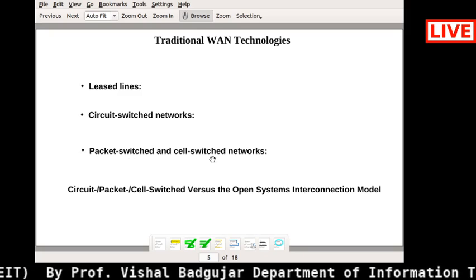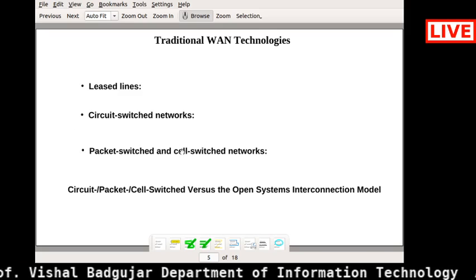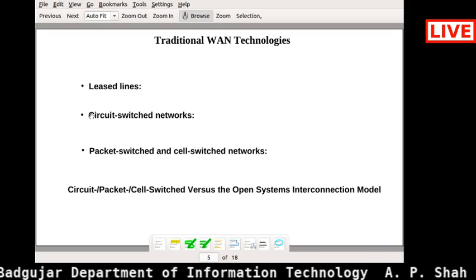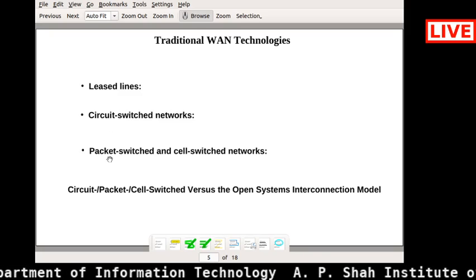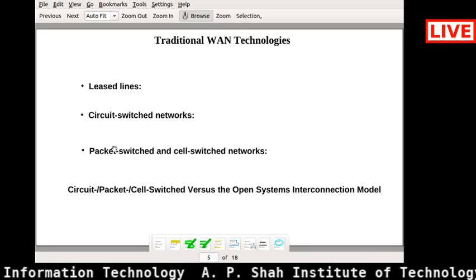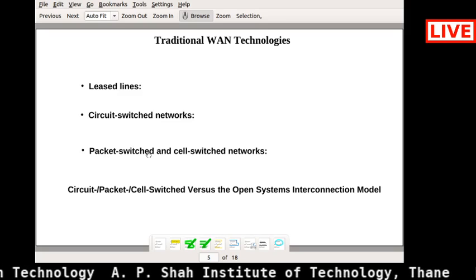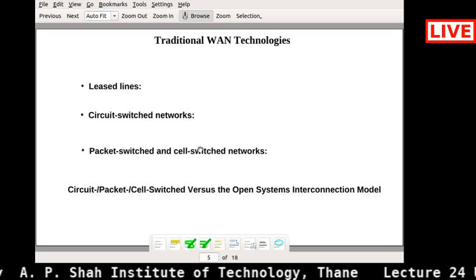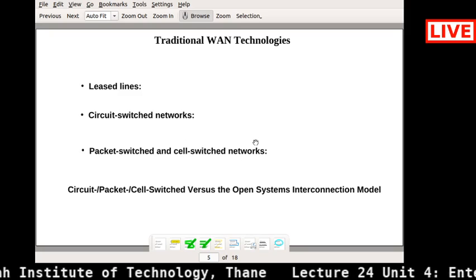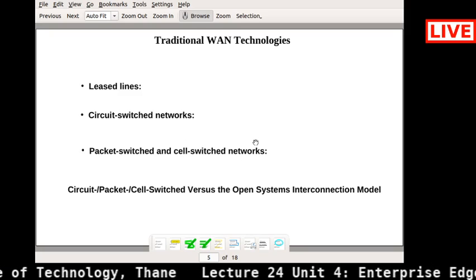While cell switching combines some aspects from the circuit switch network and some aspects from the packet switch network, and it produces high throughput and low latency. So that you need to understand.